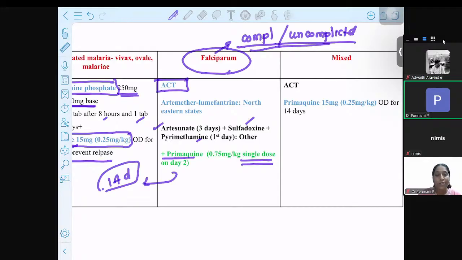Here it is going to be a single dose. Except, please note, in northeastern states alone, there is only one specific regimen which is going to be used, which is artemether lumefantrine, because the falciparum over those areas is more sensitive to the artemether and lumefantrine combination. So it is used only there.